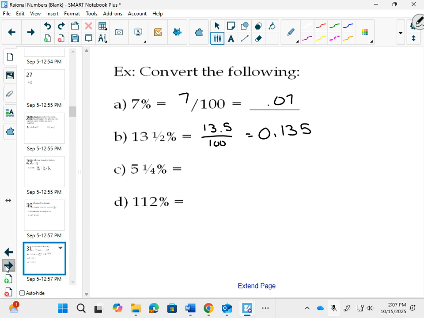So 5.25, if I change that quarter, remember 25 cents is a quarter, that's the same as 5.25%. As a fraction, that would be 5.25 divided by 100, which as a decimal, move the decimal over 2 places, is 0.525.